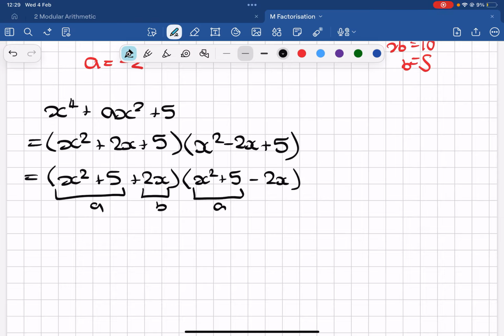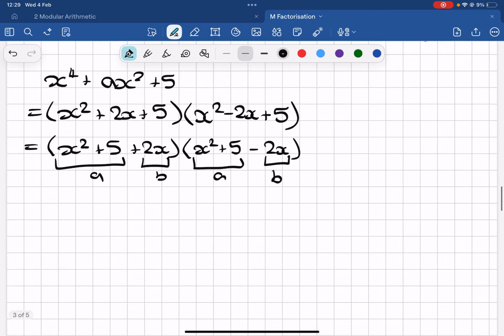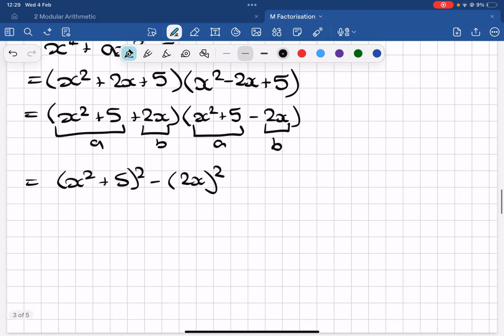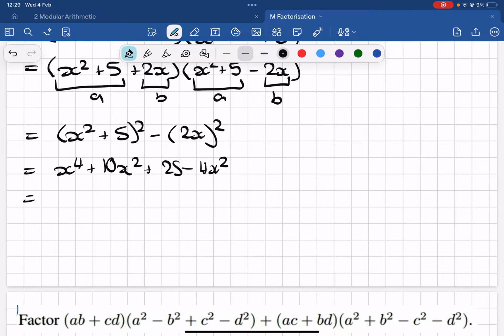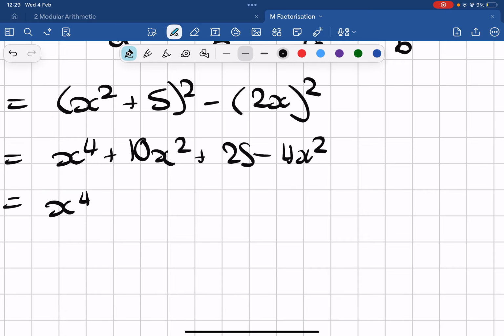So a squared minus b squared, so we've got x squared plus 5 all squared minus 2x squared. X squared plus 5 all squared just becomes x to the 4 plus 10x squared plus 25, minus 4x squared, which equals x to the 4 plus 6x squared plus 25.